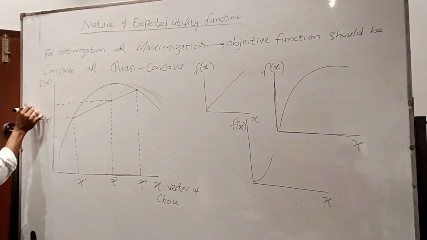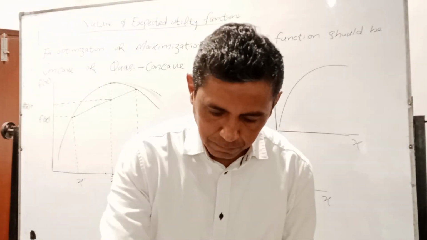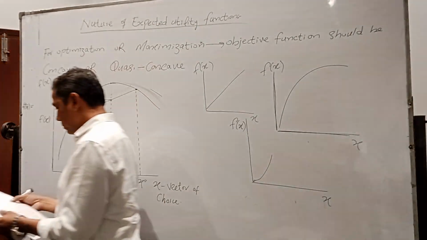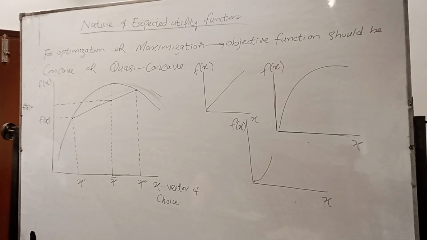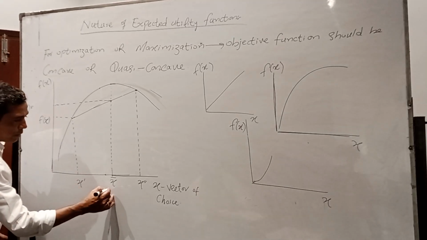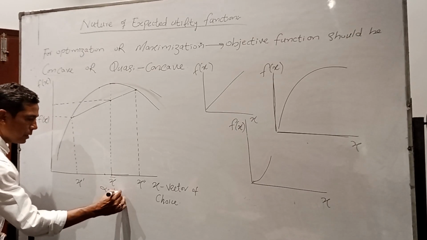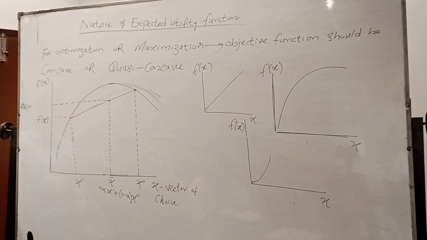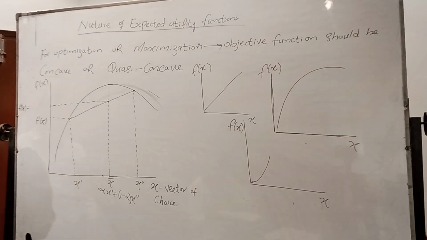Okay, that is equal to alpha x dash plus 1 minus alpha x double dash, right? A linear combination of these. So x bar equals this one.